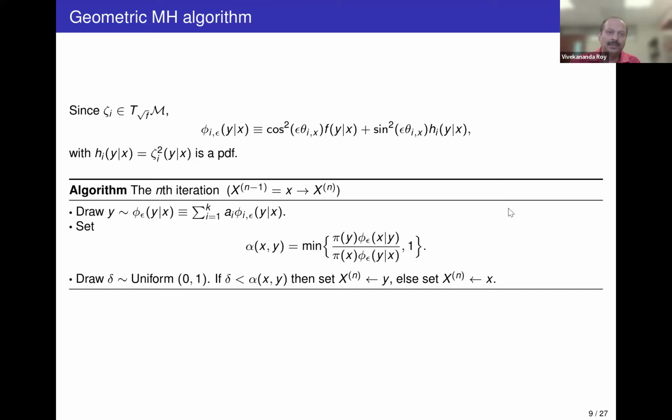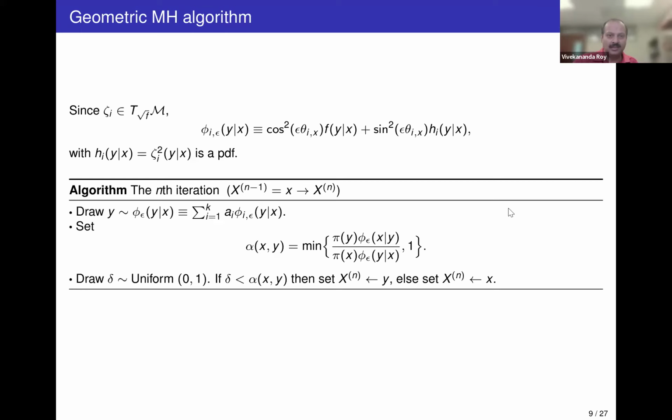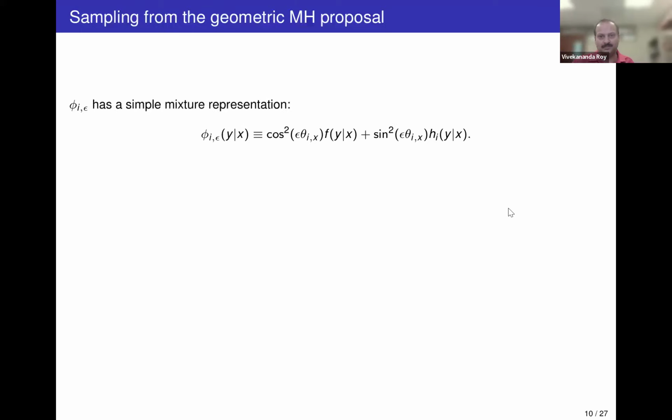Now, in order to be practically useful, I have to be able to sample from this proposal. And remember, this proposal has a mixture representation, and each of these mixing densities also has a mixture representation. So in order to sample from it or compute this, I have to be able to compute the weights and also be able to sample from F and H. Remember, F is the baseline proposal that people use generally, so that we know how to sample from it.